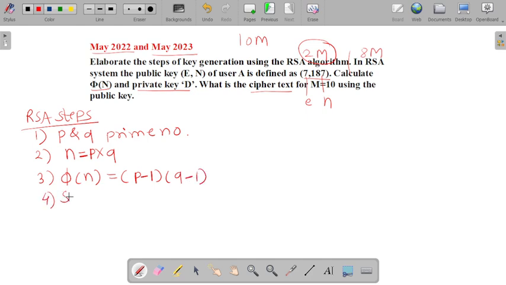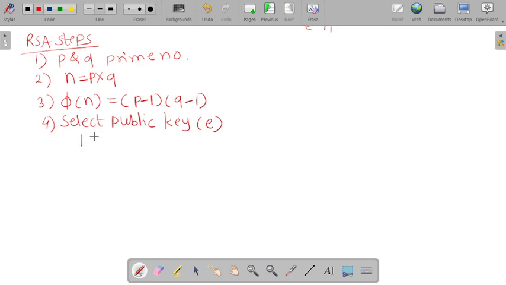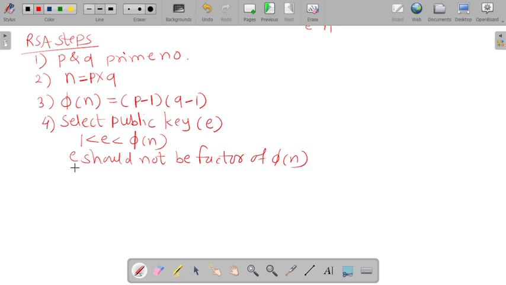The fourth step is, we have to select the value of our public key, that is value of E, and this E should be 1 less than E less than phi of N, and E should not be the factor of phi of N. Then also we can check GCD of E and phi of N is equal to 1.